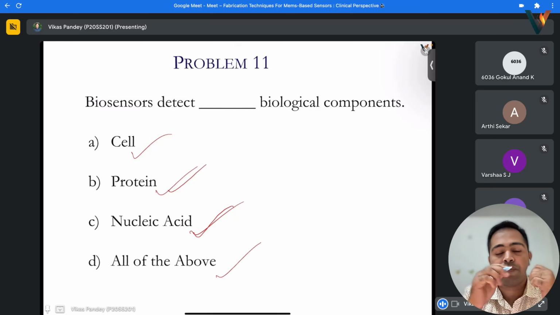Nucleic acid, does anyone know what a nucleic acid is? I think you must have read about it in biochemistry. What is a nucleic acid?